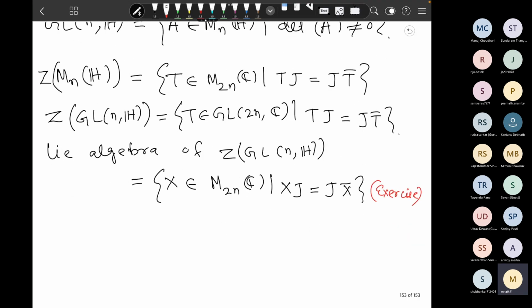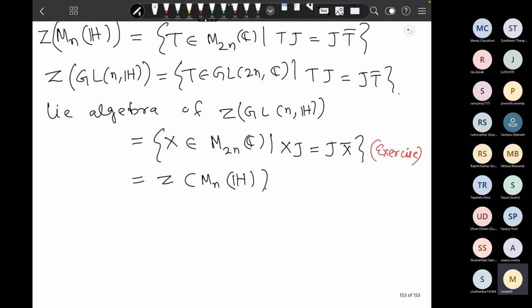Now, if you look at this definition, this is equal to Z of MNH, and this is a Lie subalgebra of M2n C. We know the Lie algebra structure there.